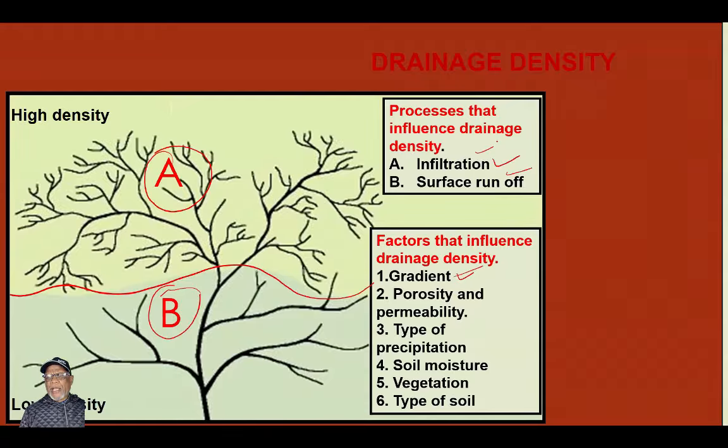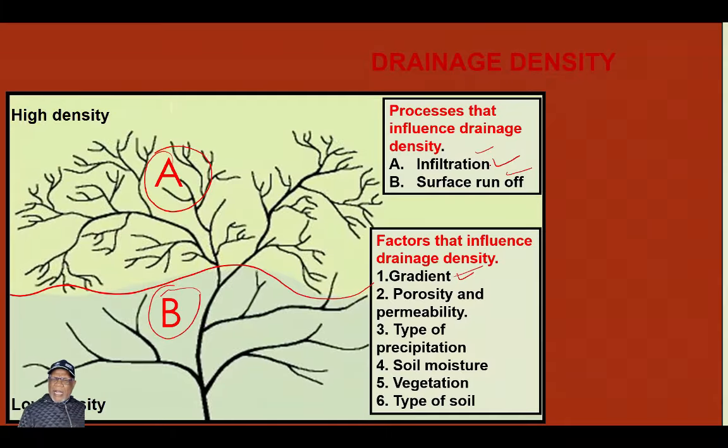Sometimes they say explain how vegetation influenced density at A. Then you say at A there is less vegetation. Because of less vegetation, there is more surface runoff and there is less infiltration. That is why the density at A is higher.